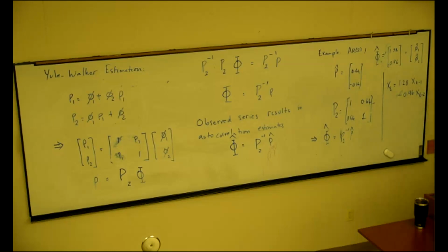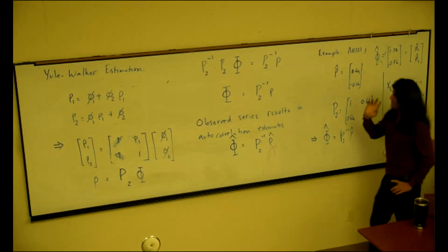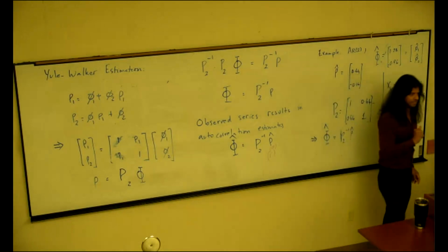And do keep in mind, you don't put plus epsilon t. This is the estimated model. We have accounted for the noise already in terms of the estimated variance. So that is our model, and we got that simply by using autocorrelation.